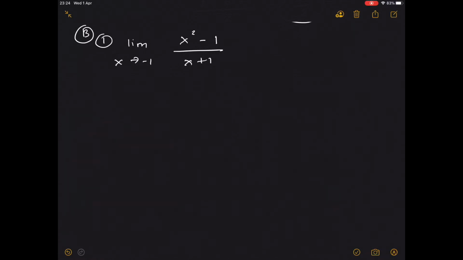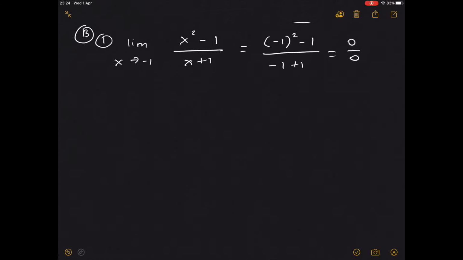Let's try to simply substitute. So you will have negative 1 squared minus 1 over negative 1 plus 1. But this one will give us 0 over 0, which means your denominator is 0. And this is what you call the indeterminate form.